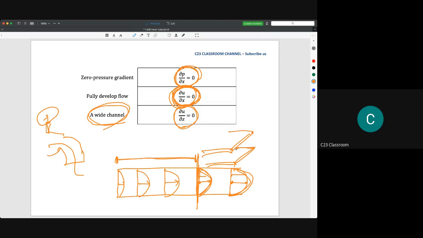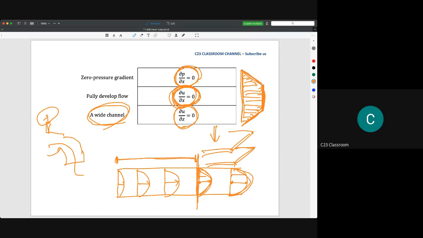Oleh itu sekiranya kita melihat top view di sini, kita mungkin boleh melukis velocity profile dia seperti ini. Maksudnya velocity akan bertambah laju dan ada kawasan yang steady, kemudian had laju akan kembali menurun. Maksudnya mungkin kawasan yang steady ni 1/3, di sini 1/3 dan di sini 1/3.